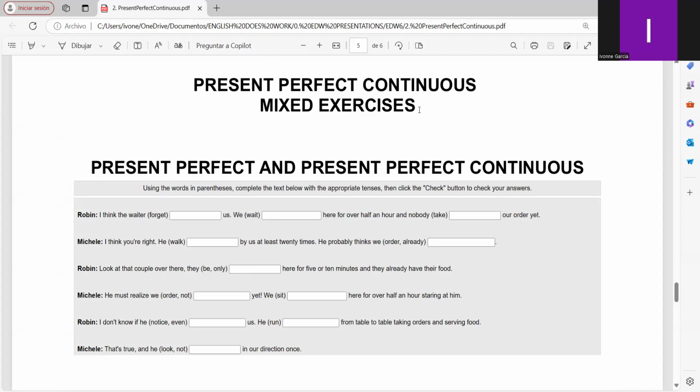Okay, Michelle, Robin says, look at the couple over there. We need to use here the verb to be with only. Here for 5 or 10 minutes, and they already have their food. So, what do you think?